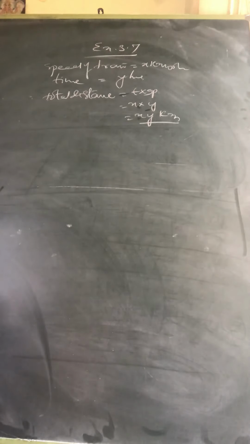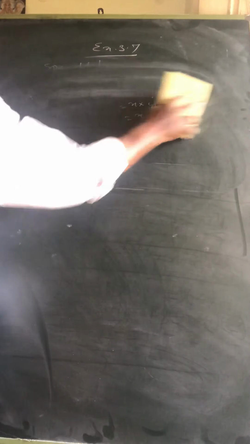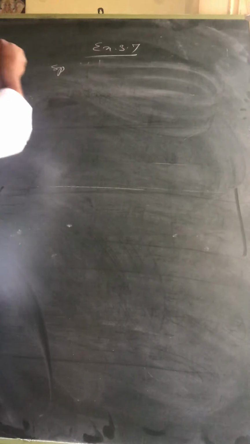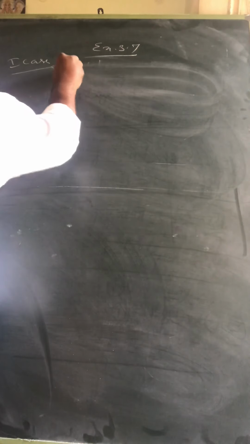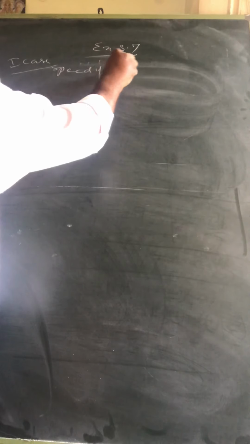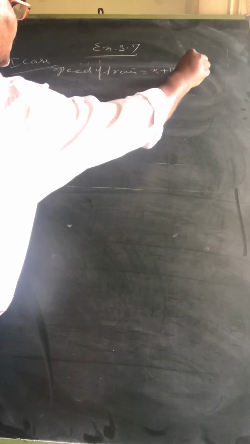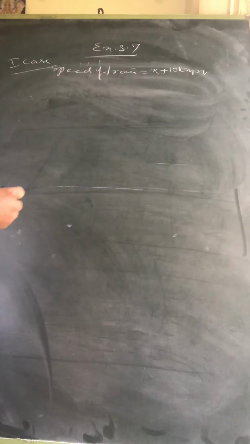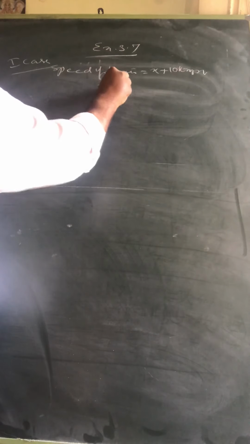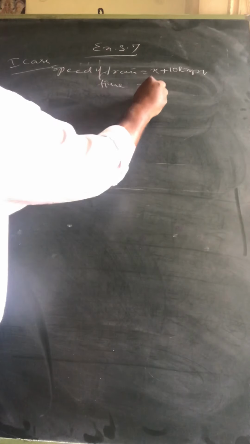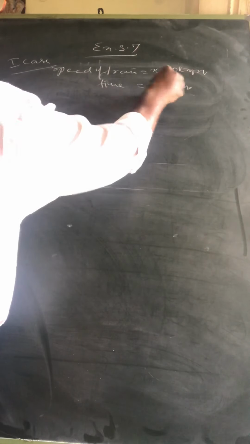Now according to the first case, we frame the first equation. Speed of train is equal to x plus 10 kilometers per hour. Time taken is y minus 2 hours.